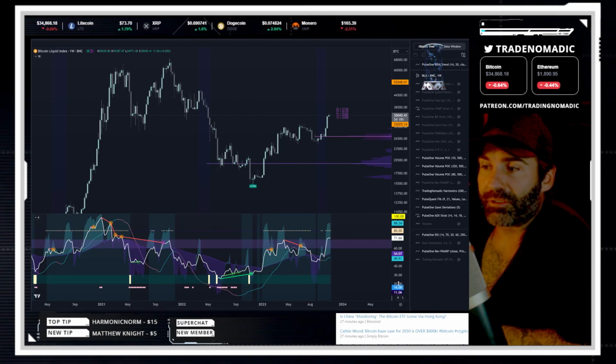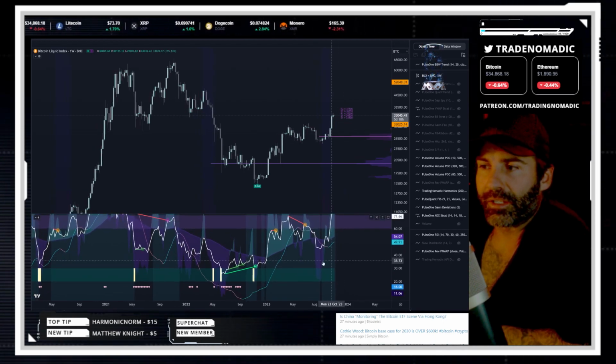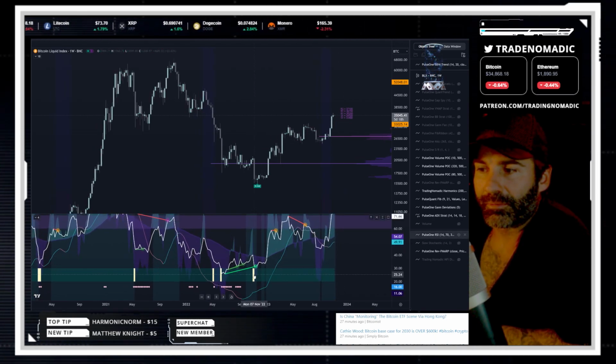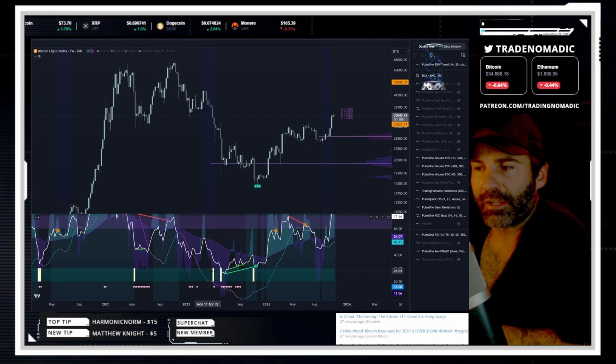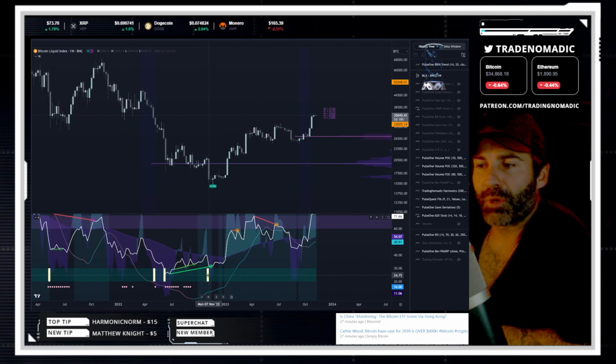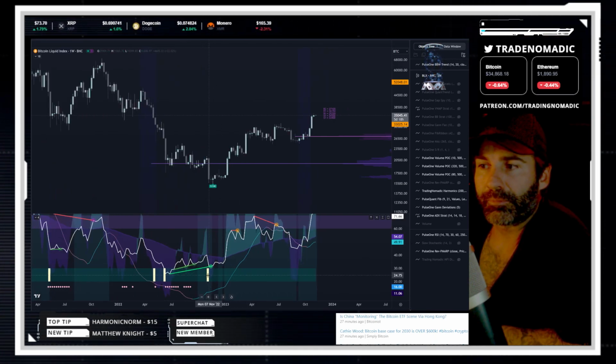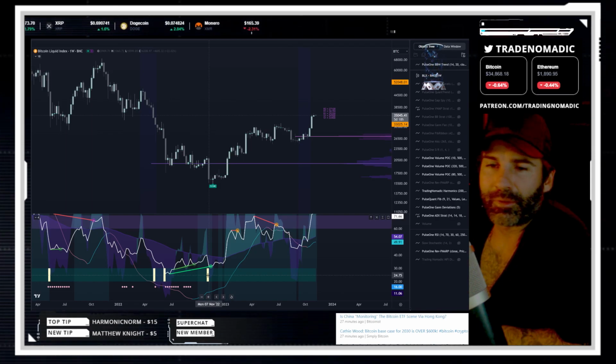And that brings me to, if you see these yellow ticks at these different points in the oversold zone on the RSI, those are a small, I was stumbling.